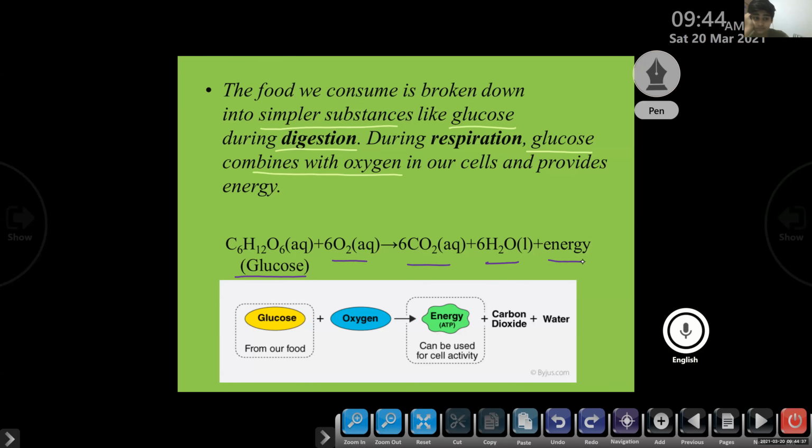Can you read this point? The food we consume is broken down into simpler substances like glucose during digestion. During respiration, glucose combines with oxygen in our cells and provides energy. Okay. Can you read this equation also?